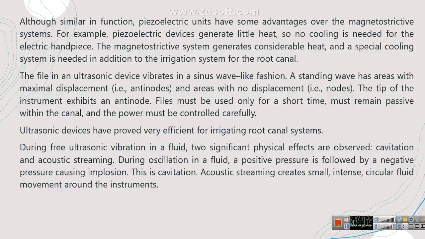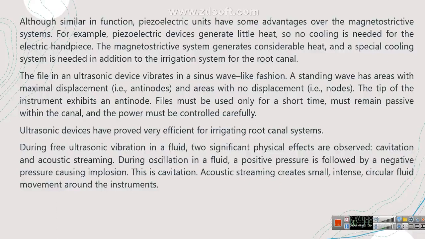So when we are inserting the tip of the ultrasonic tool into the canal system, we have to respect the instructions provided by the manufacturer on how to handle the machine and use it within the canal system. Ultrasonic devices have proven very efficient for irrigating root canal systems.